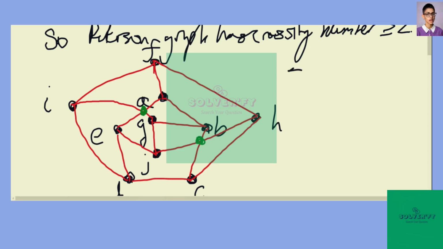And we have completed our graph, and we see that the graph only contains two crossings.